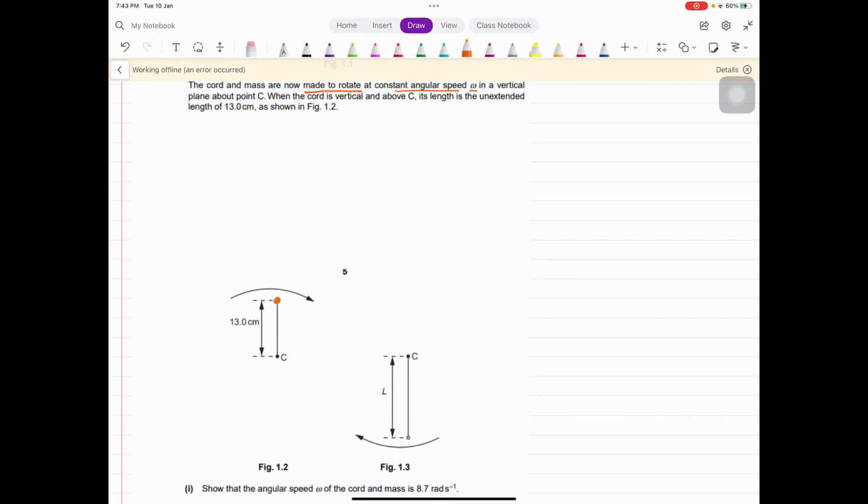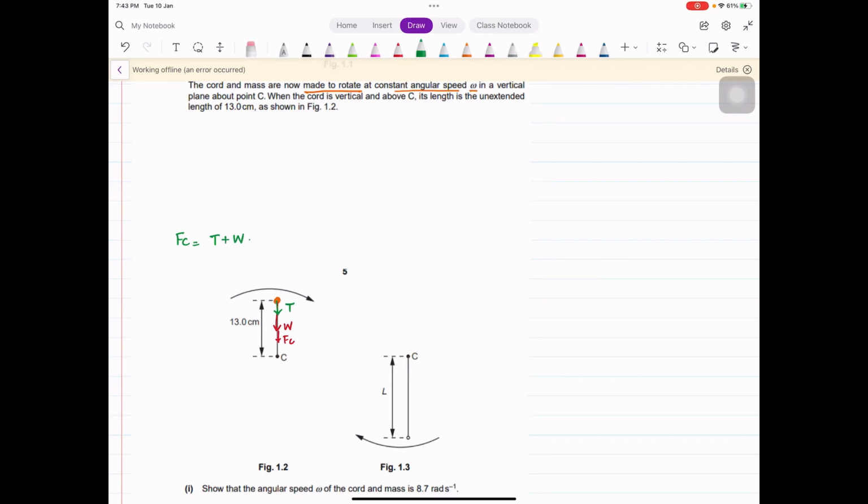First of all, we'll try to make the equations here. You should understand that the weight is going to act downwards, and so is the centripetal force. Because this is a string, there will be tension and not a reaction. So the equation is: centripetal force equals tension plus weight. Everybody agrees?